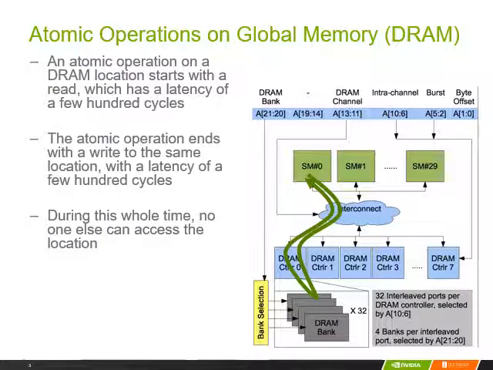This whole path involves a latency of a few hundred cycles. The atomic operation will end with a write to the same memory location, the same path with a latency of a few hundred cycles. During this whole period of time, no one else can access the location.